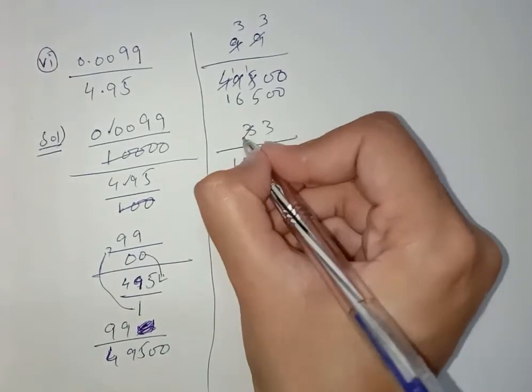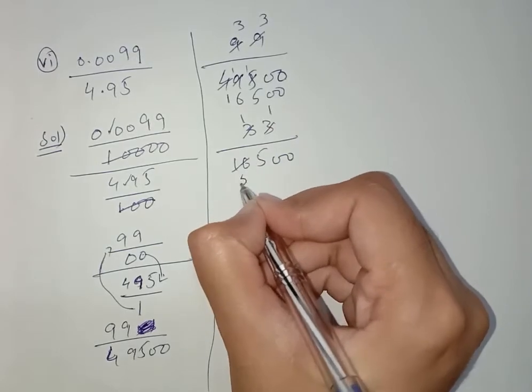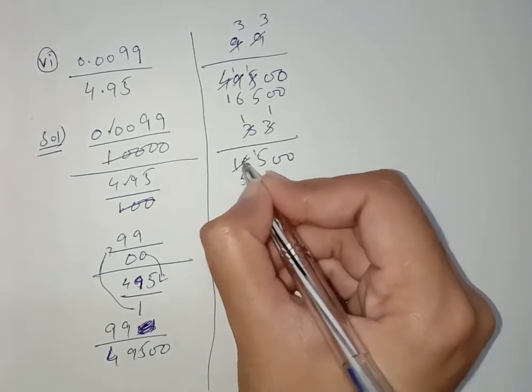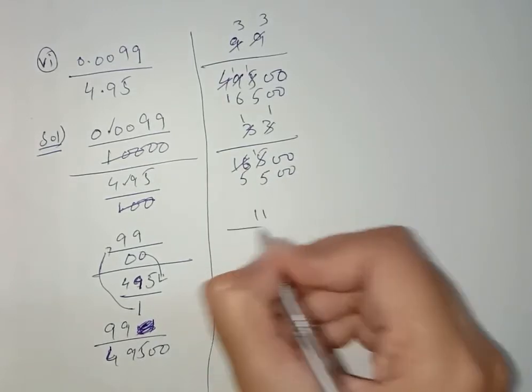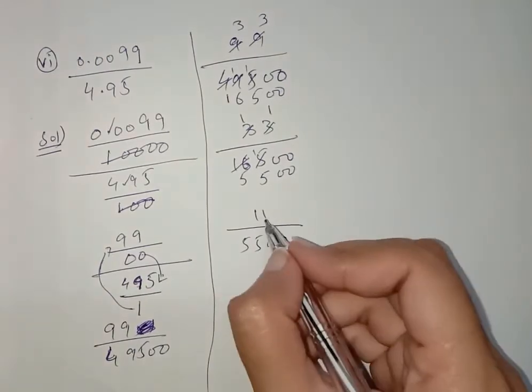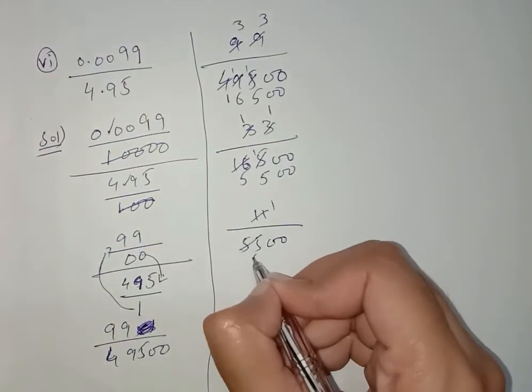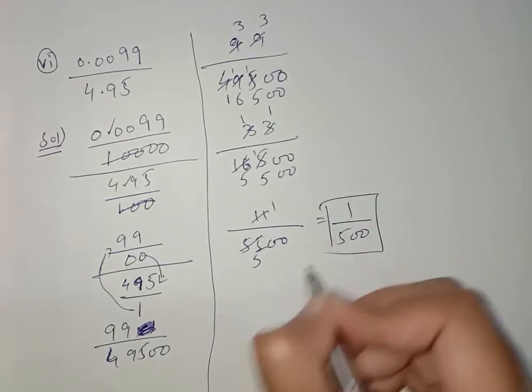Now again 3 1s are 3, 3 5s are 15, 2 zeros, so 11 by 5500. 11 1s are 11, 11 5s are 55, so 1 by 500 is our answer.